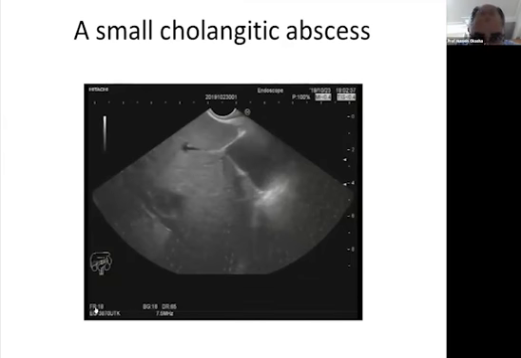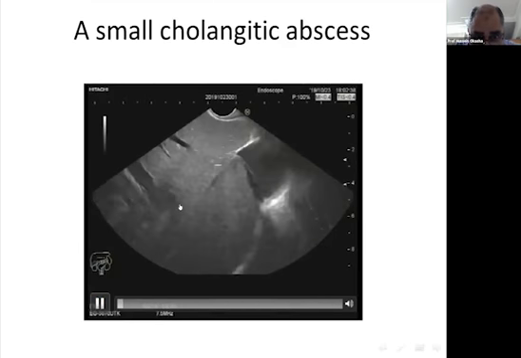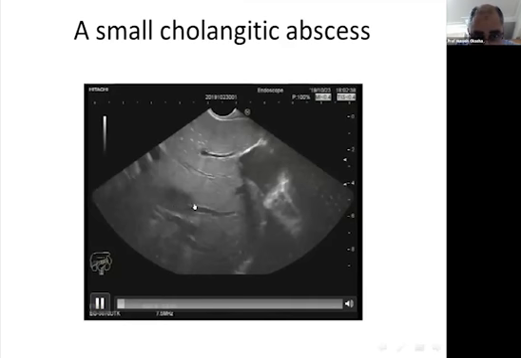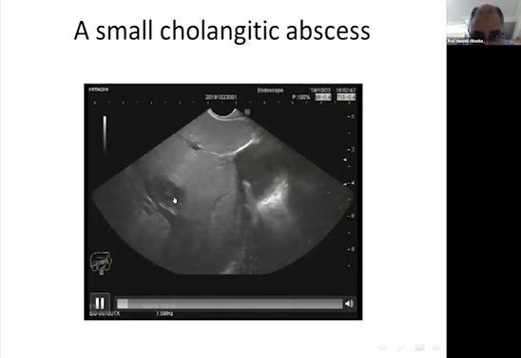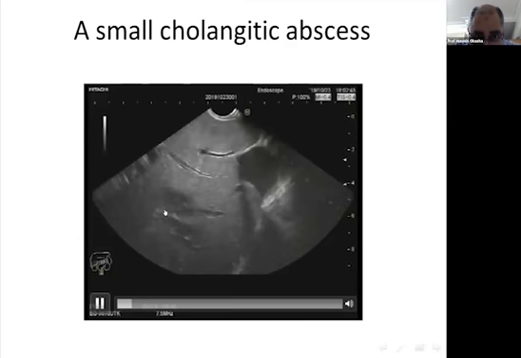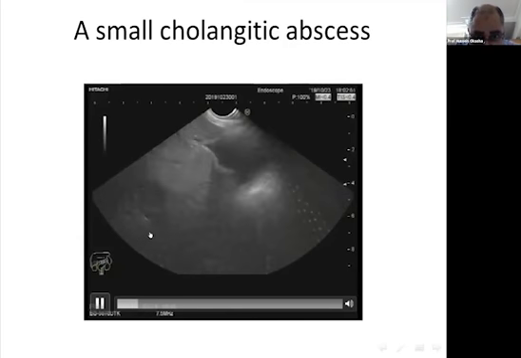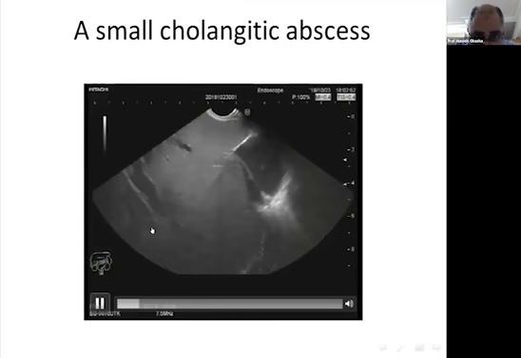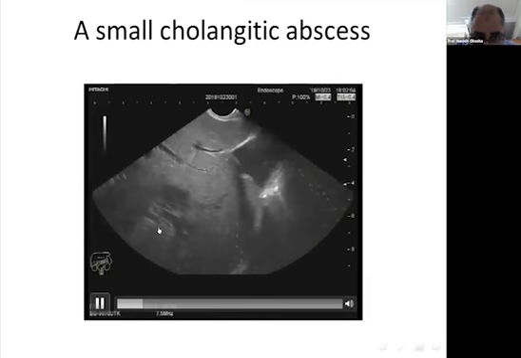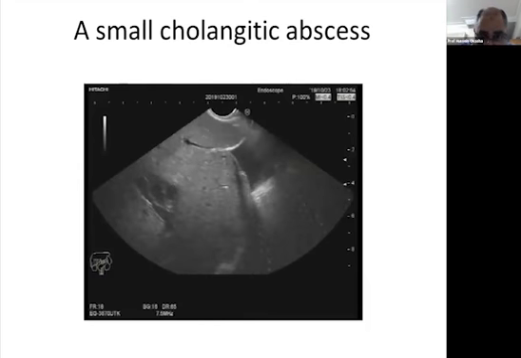By endoscopic ultrasound examination, we found this small focal lesion in segment 4 of the liver, with areas of breakdown suggesting a liver abscess, a small cholangitic liver abscess, and EUS-FNA revealed the presence of pus cells, polymorphonuclear leukocytes. So we knew the cause of the fever, and after proper antibiotic therapy, the patient improved.